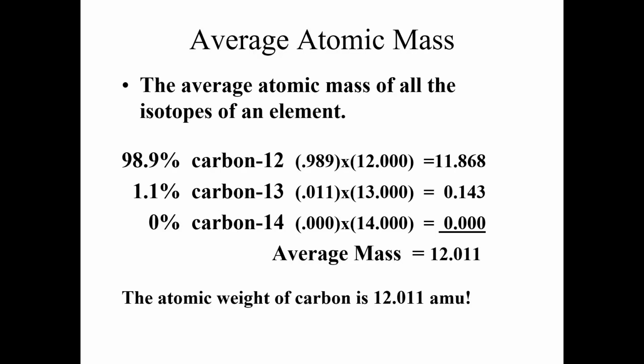We did it for boron. Where do these average atomic masses come from? This is the same calculation. Don't need to go into any great detail. If we're looking at carbon, carbon has an average atomic mass of 12 atomic mass units. It's based on 3 major isotopes. Carbon 12, which is 98.9% abundant.